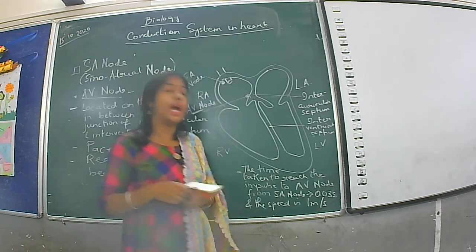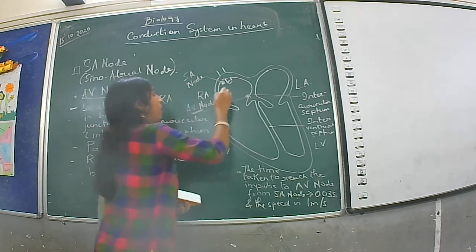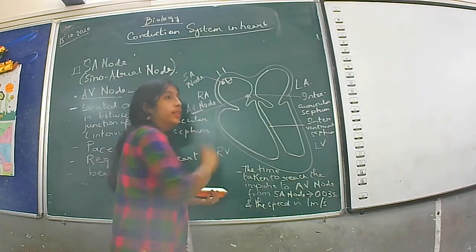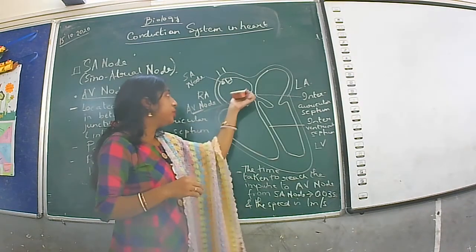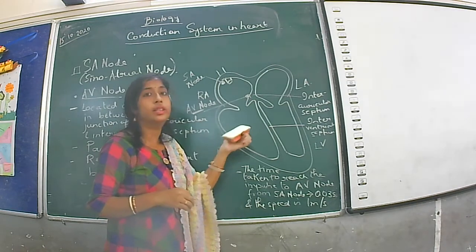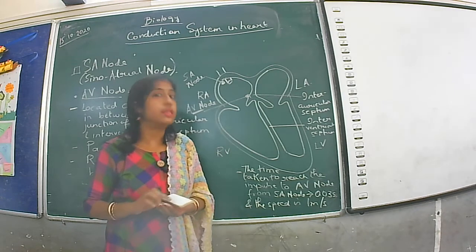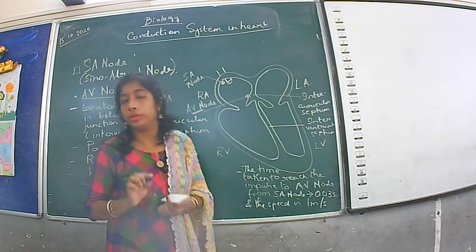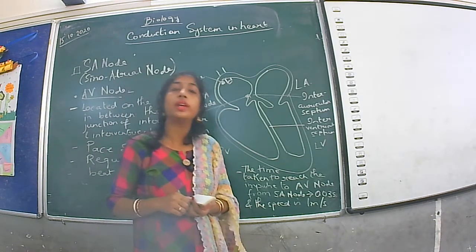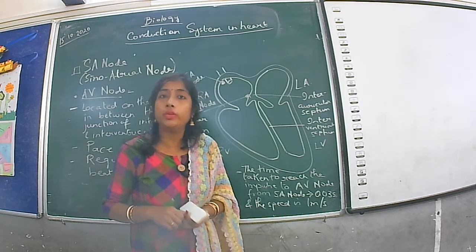What happens is that in between the auricles and the ventricles, there is a band of connective tissue, known as the annular pad.